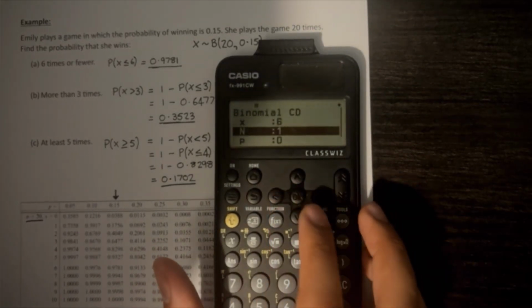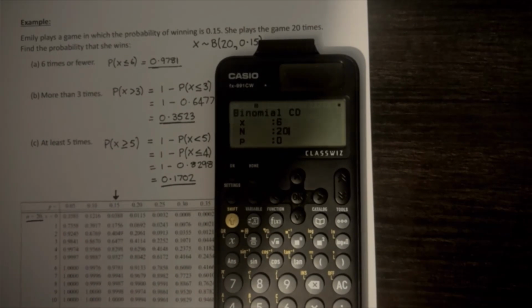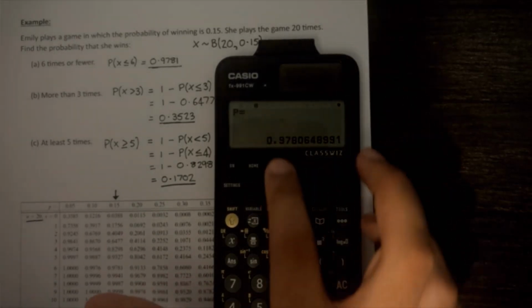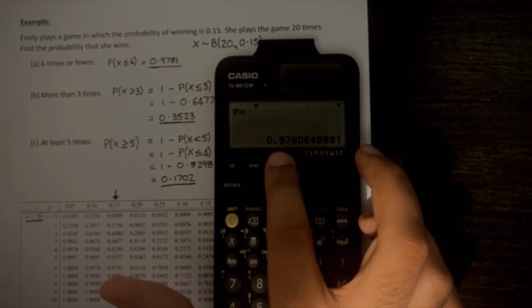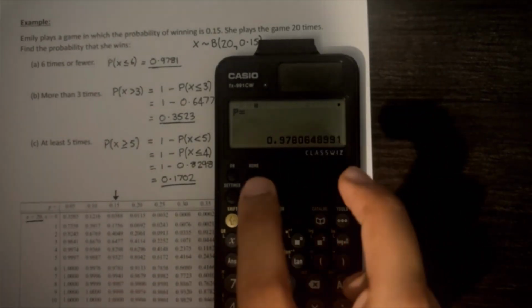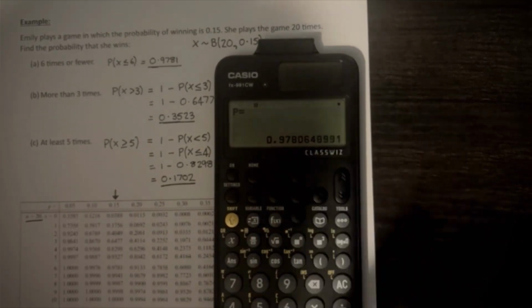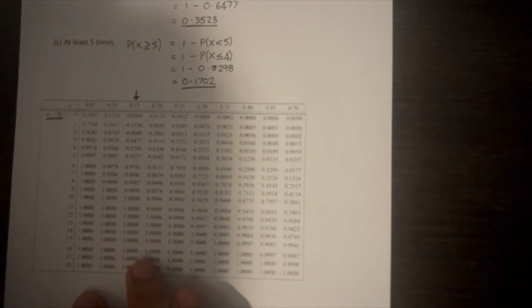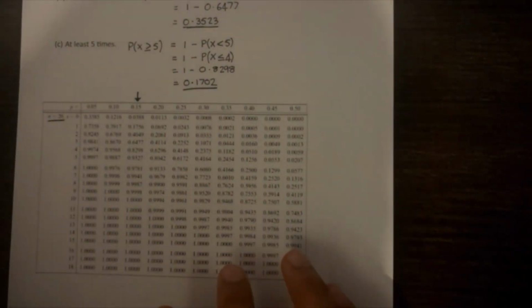I've got that N was 20 and that the probability is 0.15. I can then go down and hit execute. And when I do that, I get that same 0.9781. And again, the value of these calculators is that we can find a range of probabilities rather than the rather limited set of probabilities that we get in the stats tables.